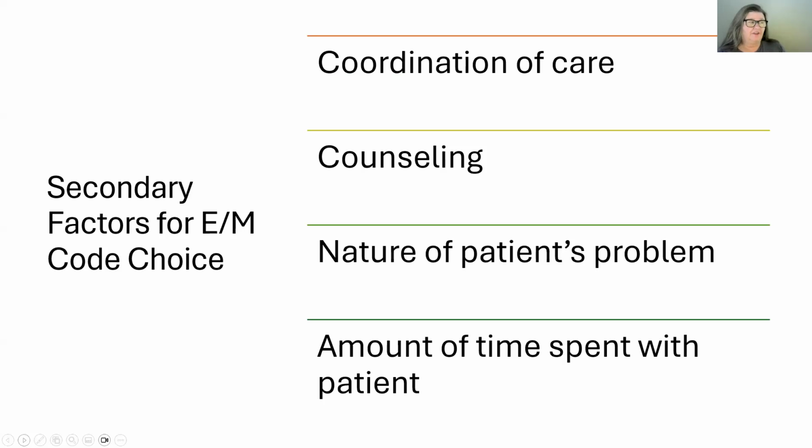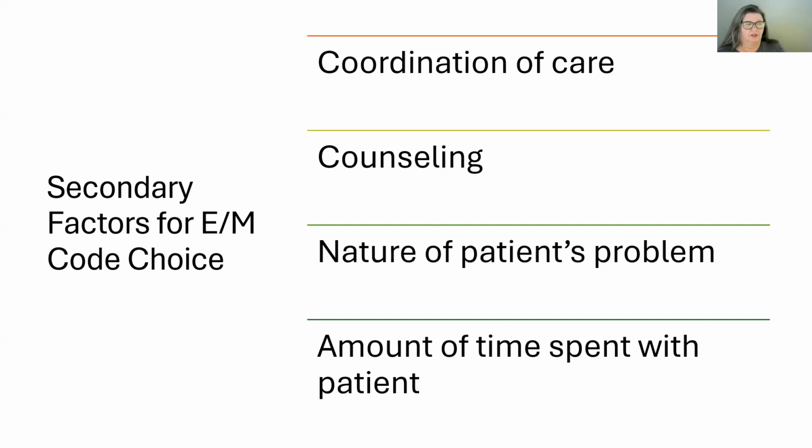There are some secondary factors for EM coding that can help with your choice of codes. The coordination of care: are you a primary care doctor's office, working in primary care and having to refer out, or are you the specialist that's being referred to?